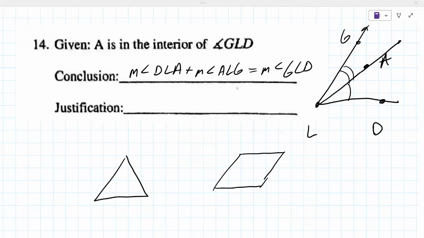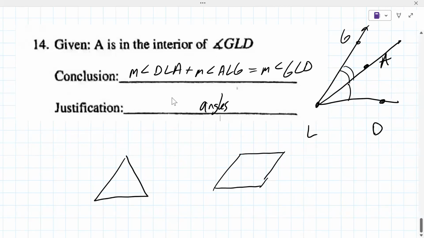Okay. So just generally, what do you see here in what I've written? What keywords come to mind? What are we dealing with here? What are these three letters for? The angles. So we should probably have angles in our justification.